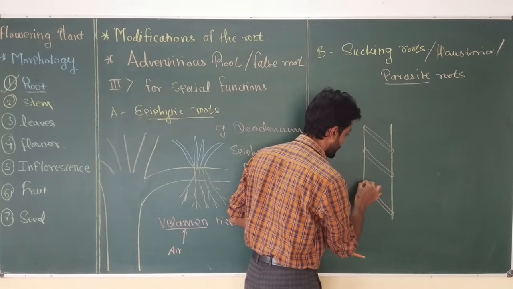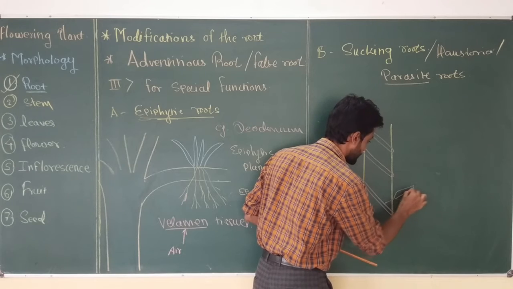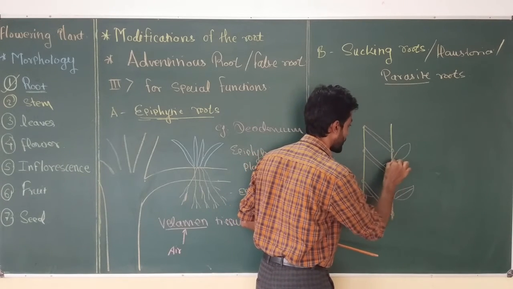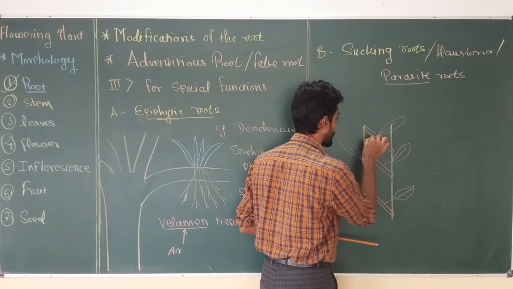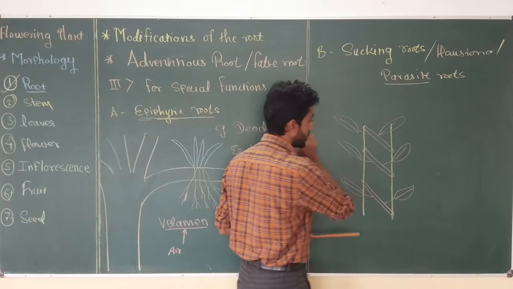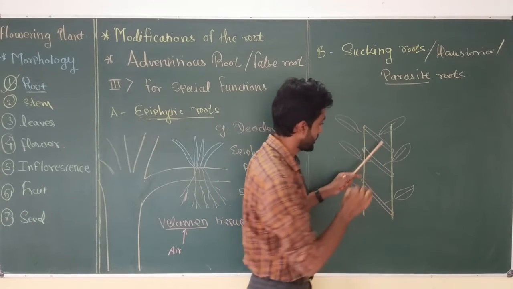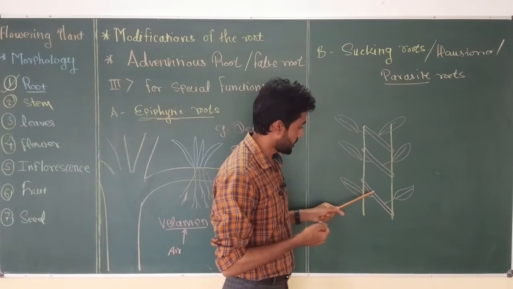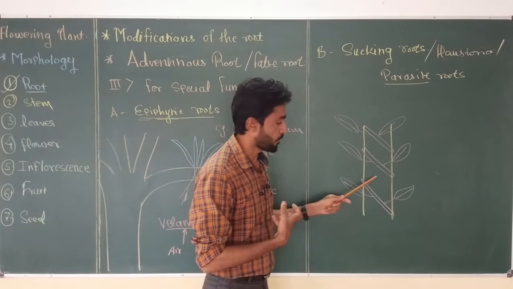Okay, and now they have their own leaves, but instead of performing photosynthesis, most of the time the plant takes part in the process in which this thin stem plant directly absorbs moisture from the host plant.